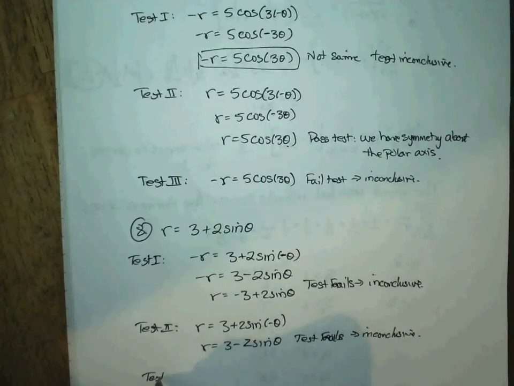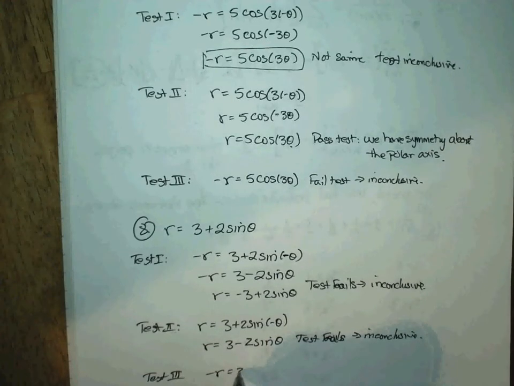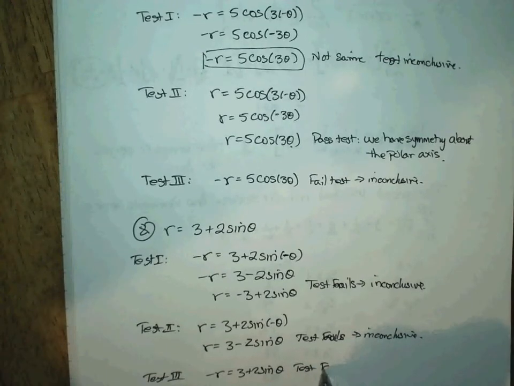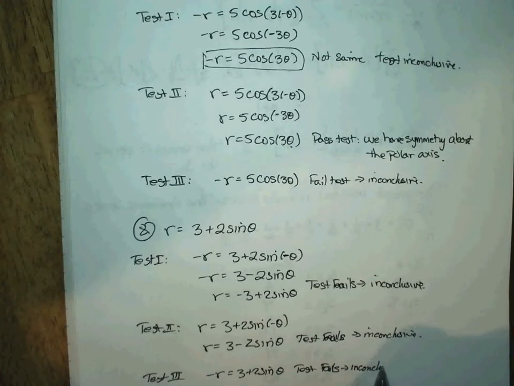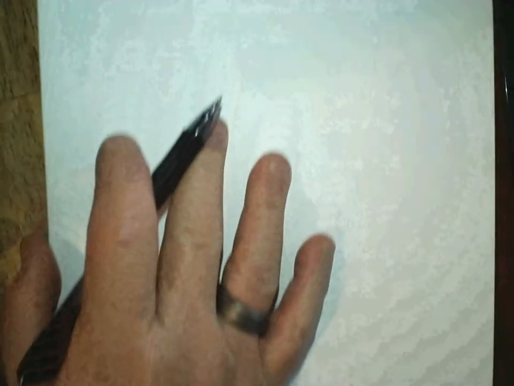This test doesn't tell me. Test 3. You replace the r with negative r. That is not the same as the original, so the test fails. It's inconclusive. I don't know whether this equation has symmetry about the origin or the pole, as we say, or not. The test doesn't tell me whether it does or doesn't.